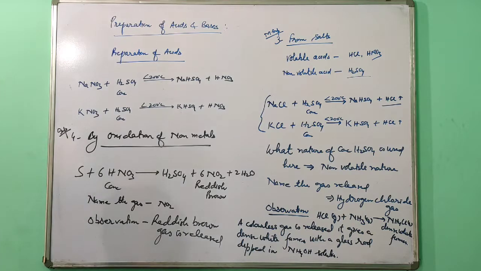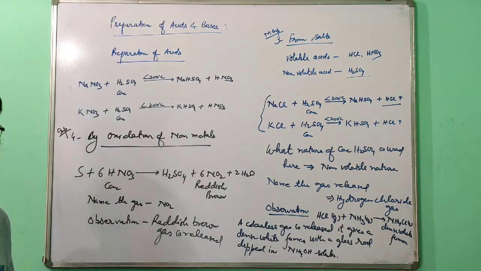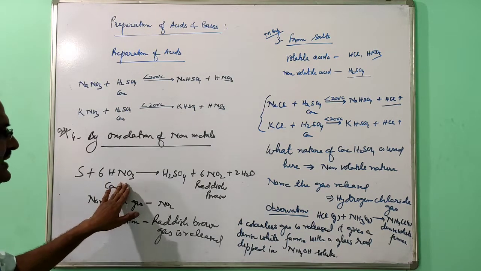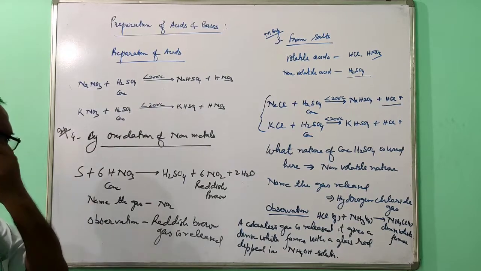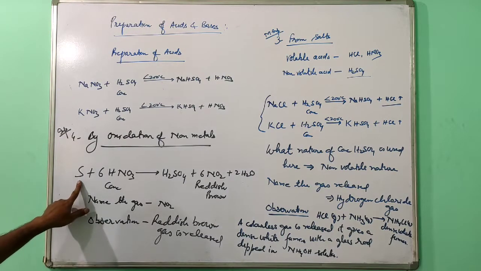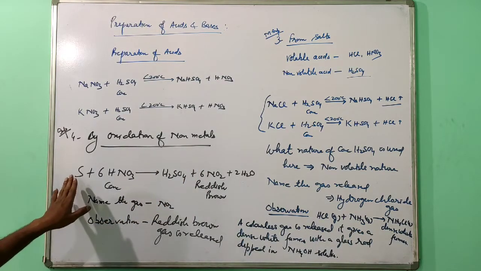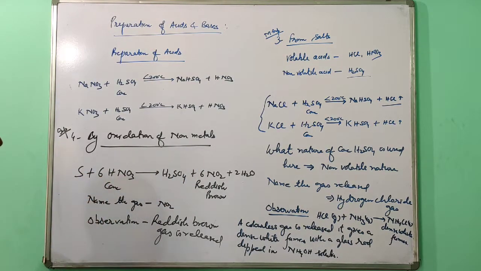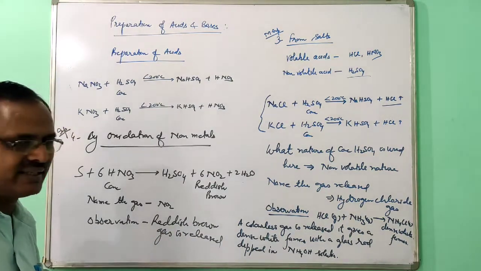Then: a non-metal reacts with acid to form another acid, name the non-metal. That non-metal is sulfur. Then name the gas released when sulfur is heated with nitric acid: nitrogen dioxide. What do you observe when sulfur reacts with concentrated nitric acid? Your observation will be: reddish brown gas is released.